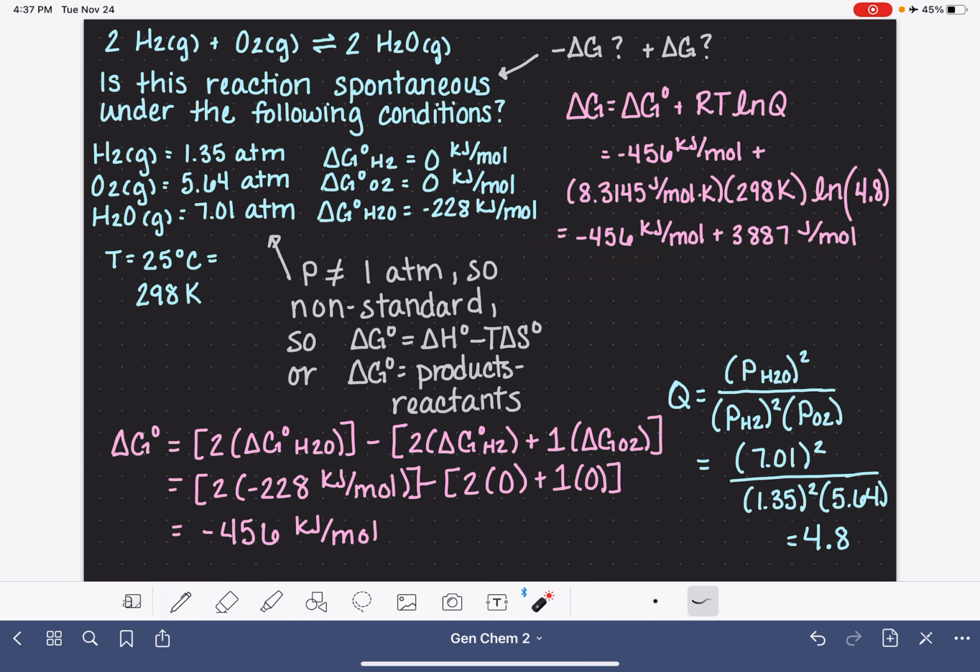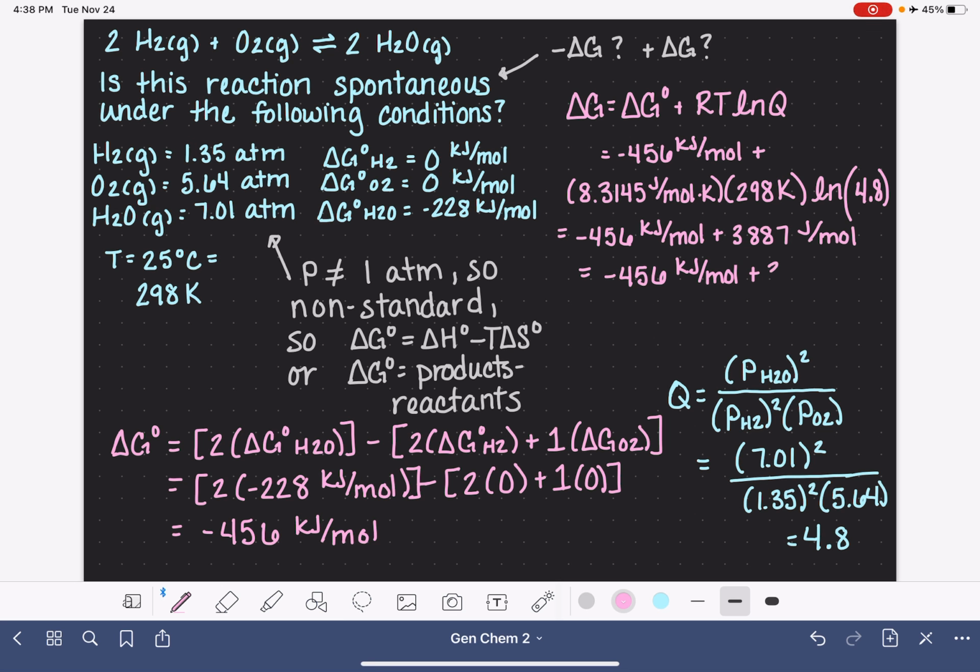Now all we have to do is add these two terms together, but before we get too excited about that, we notice that we have a little bit of unit inconsistency. That's always going to be the case here. You have a choice. You can either convert this into joules, or you convert the other one into kilojoules. It's completely up to you which one you would rather do. I'm going to convert my joules into kilojoules by dividing by 1,000.